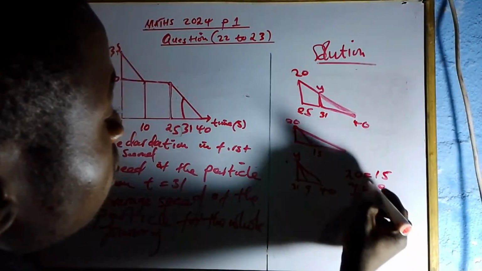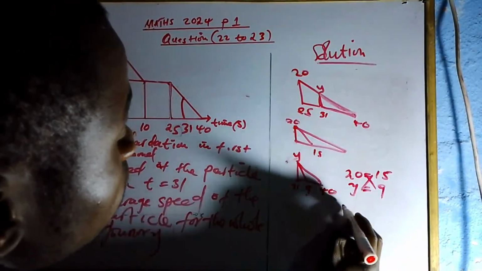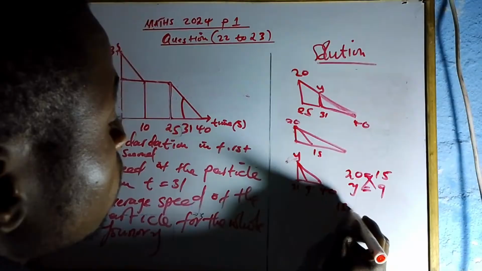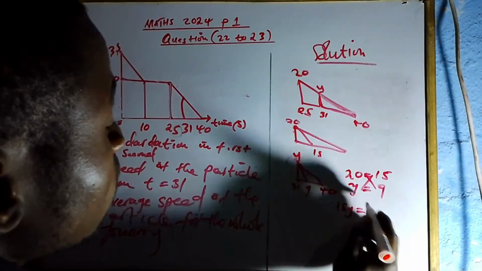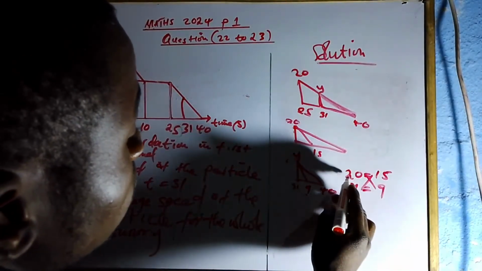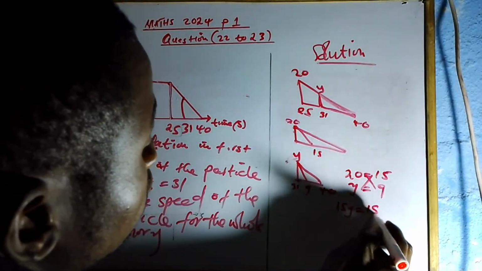Which is 9 here. Then you cross multiply, in which you are going to have 15y equals 20 times 9, which is 180.